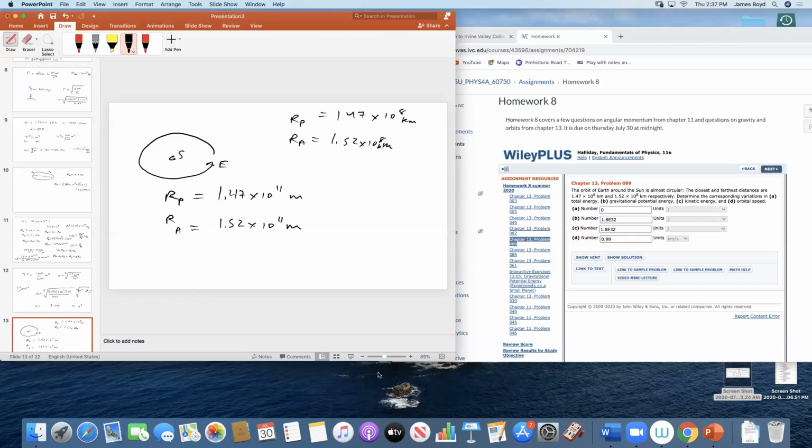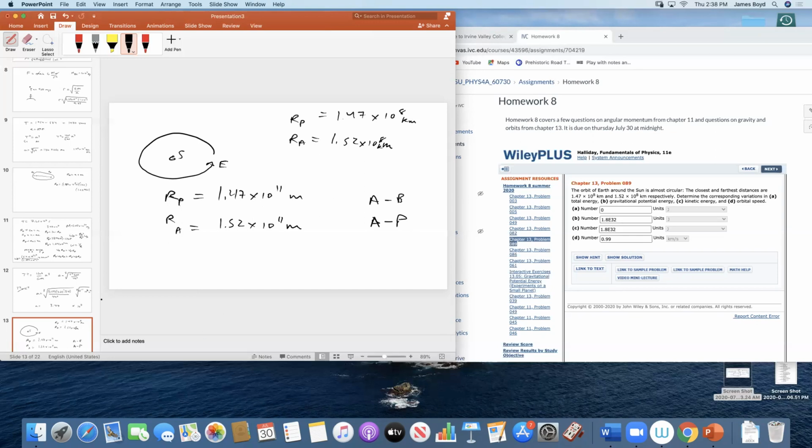By variation, they mean take A minus B, or better yet, say the value at A minus the value at P, okay? That's more or less what they're saying, but they want us to take the absolute value, okay?